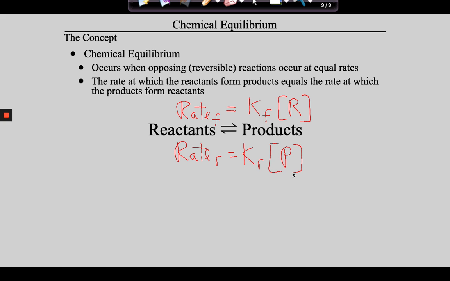And guys, if you're not sure why, think about this. When a reaction starts, the concentration is at a maximum. How much product do we have when a reaction starts? None. So we have a high concentration of reactant. We have a low concentration of product.